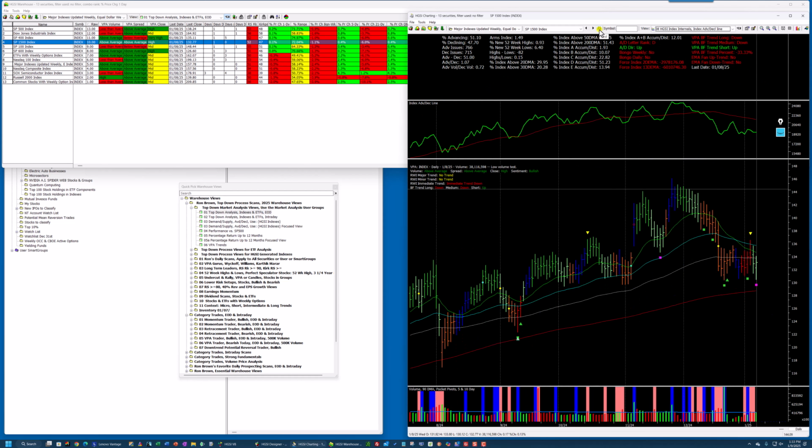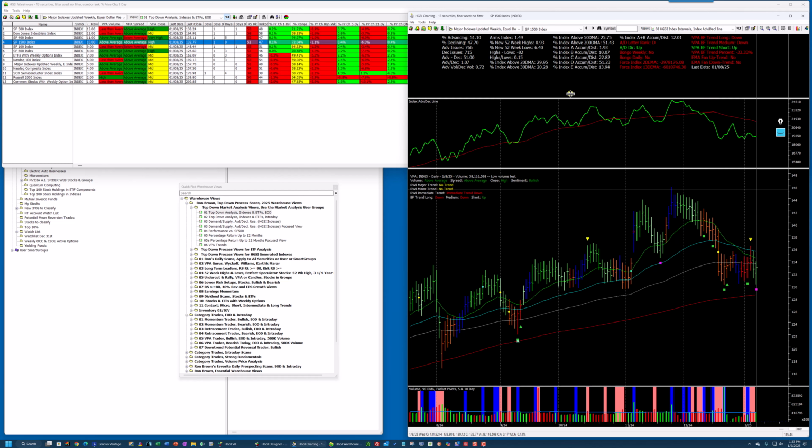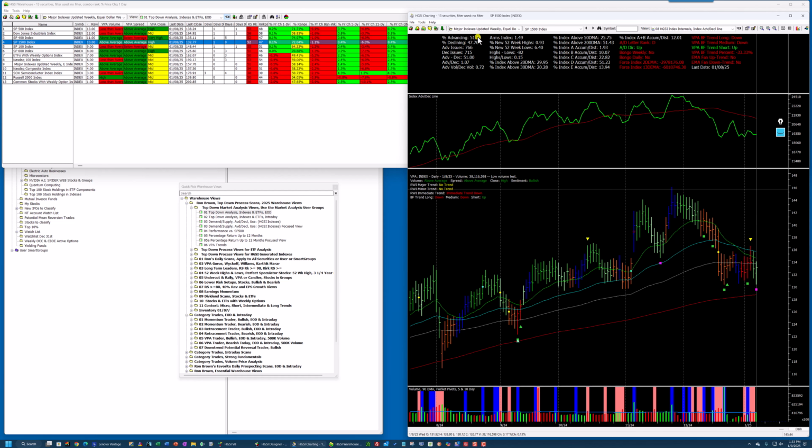Now this is the AD line also, but I put a lot of information up here in this window. It tells the percent advancing, declining, advancing issues, and so on. Accumulation numbers, where they are. This is dominated by distribution right now.